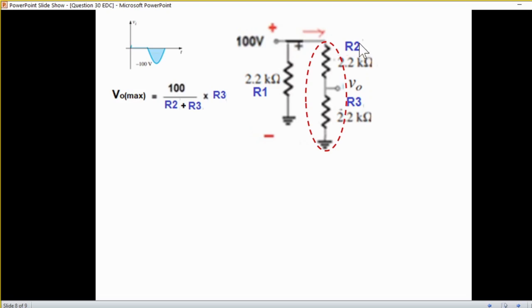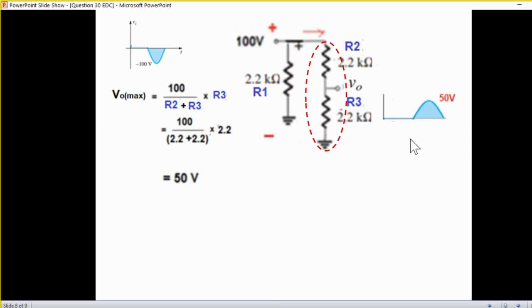So the V out from here will be 100 volt divided by these two resistances, R2, R3, and multiplied by R3. And putting in the values, it will be 50 volt. And this is now 50 volt positive, remember. So we'll draw it like this.